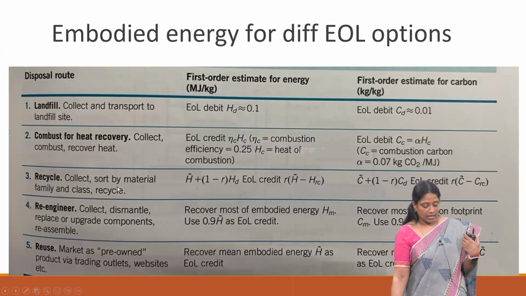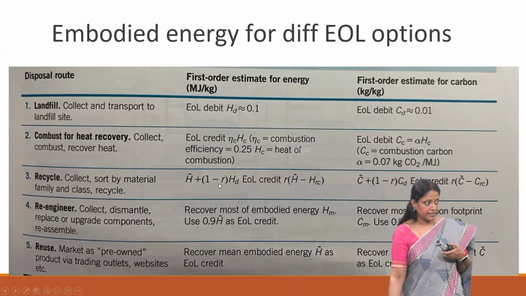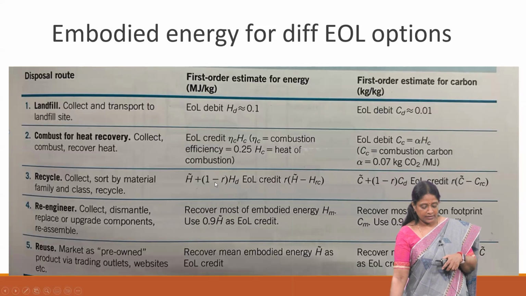Okay. When it comes to recycle, like what we just said, there is the initial embodied energy. Okay. And then there is energy which is required for taking it to the disposal site or the recycling site. So that is there. But you are recycling some percentage.